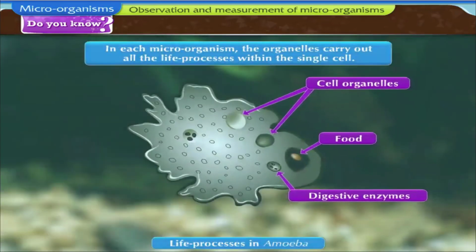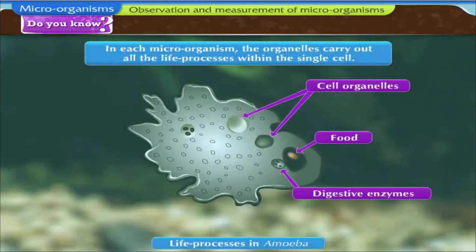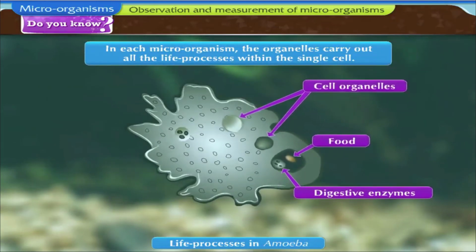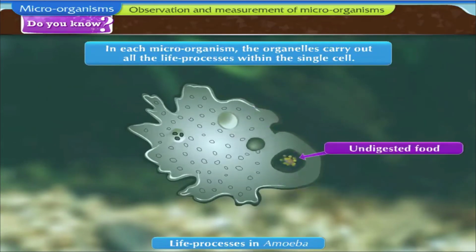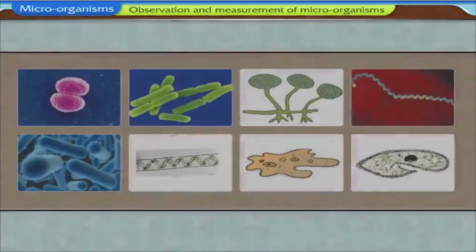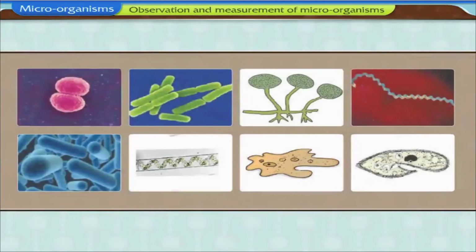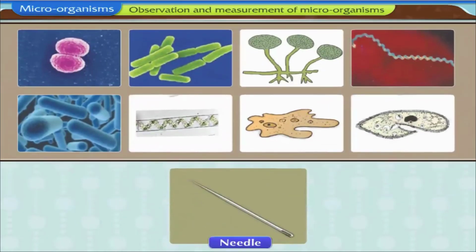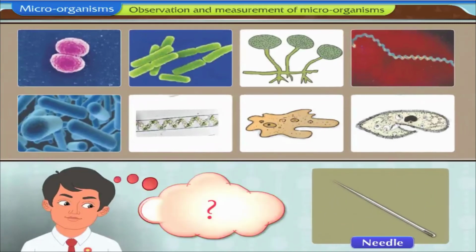In each microorganism, the organelles carry out all the life processes within the single cell. After studying about the shape and size of some microorganism, may I ask you a question? Can the point of a needle accommodate microorganisms? What do you think?